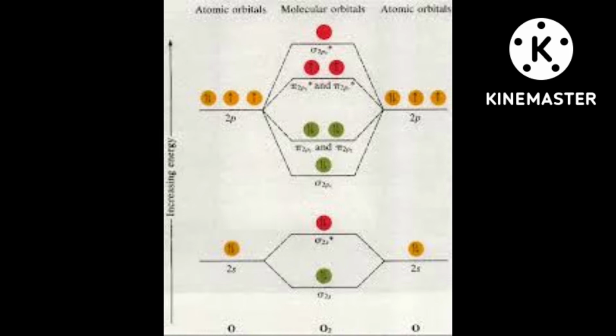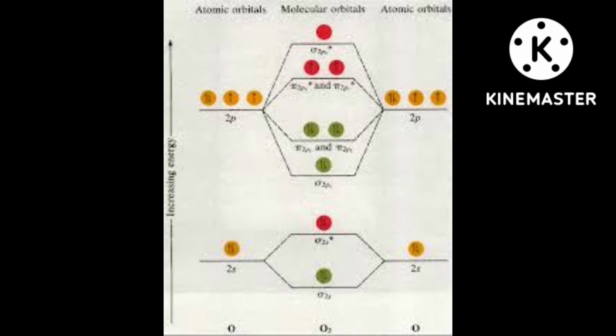Symmetry must be the same. 2px with 2px they can combine, 2py with 2py they can combine, 2pz with 2pz they can combine, but not 2px and 2py, not 2py and 2pz.